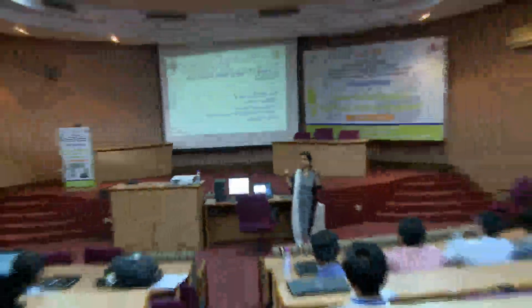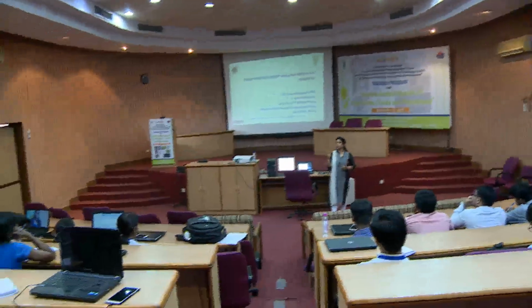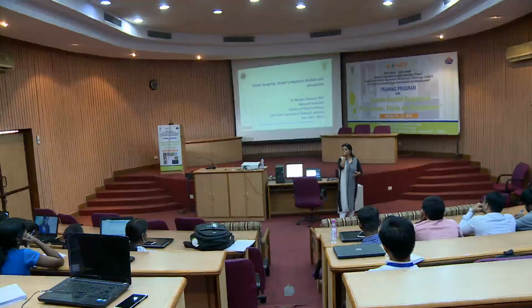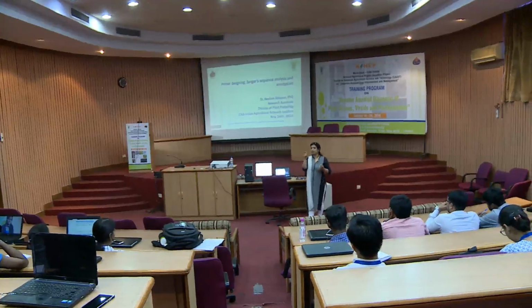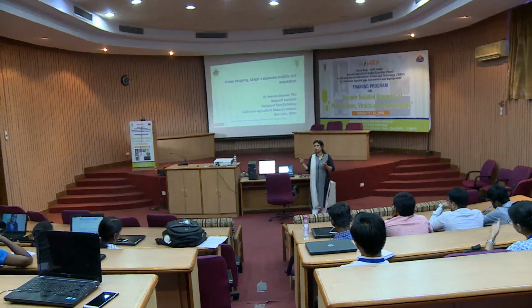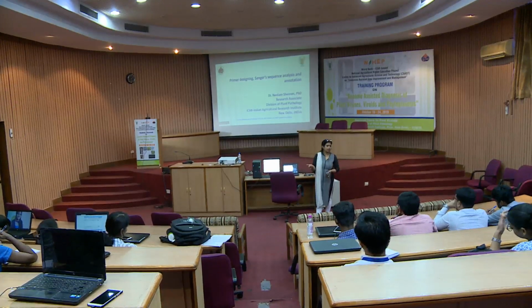So, now you select the sequence, whatever it may be. Let us suppose it is a 1 kb region, and you want to amplify the region somewhere around 800 bases, correct? So, the binding site of the primer from the forward up to the reverse should be 800 base pair.